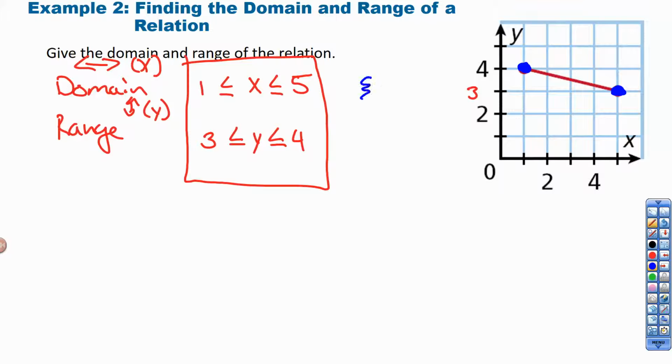You would write it like this, right? What is our first point and what is our second point? What's our domain if it was just the blue? It's going to be in this set. Domain, is it x or y?